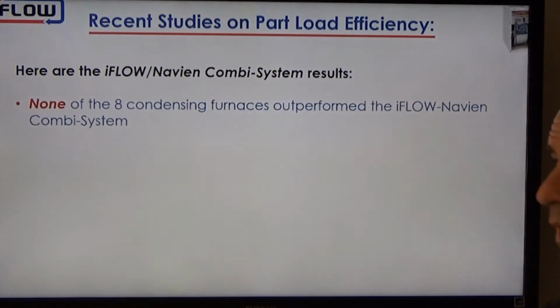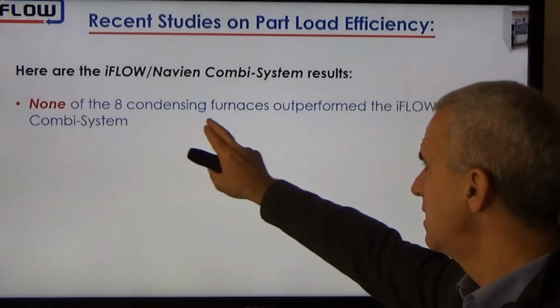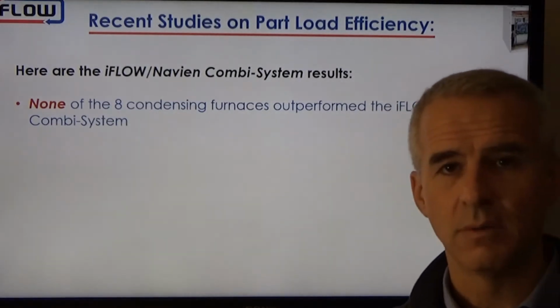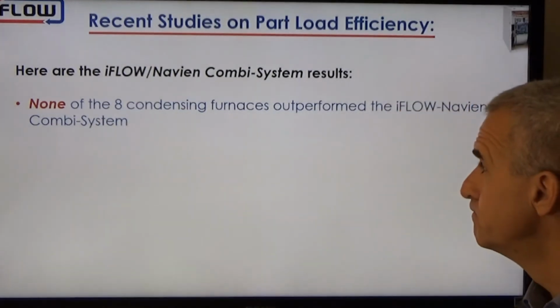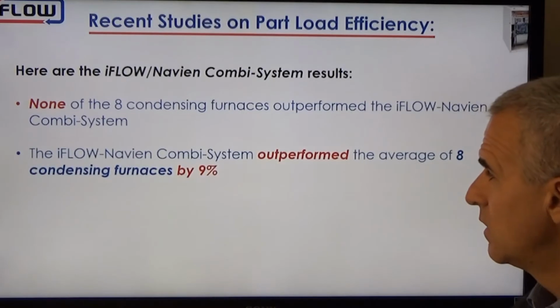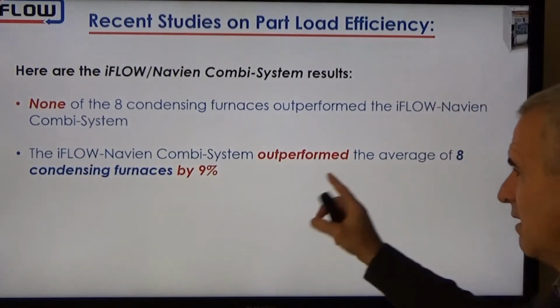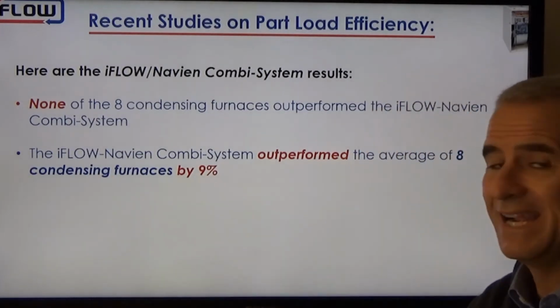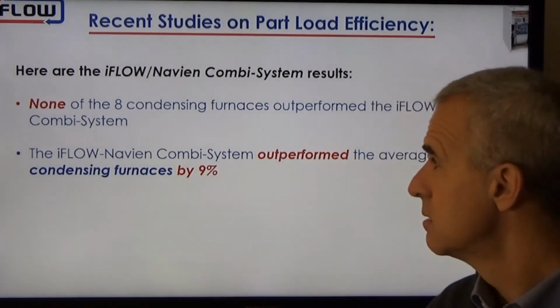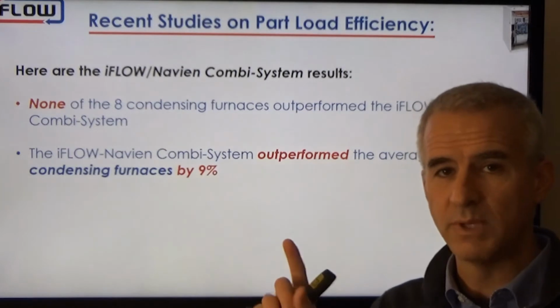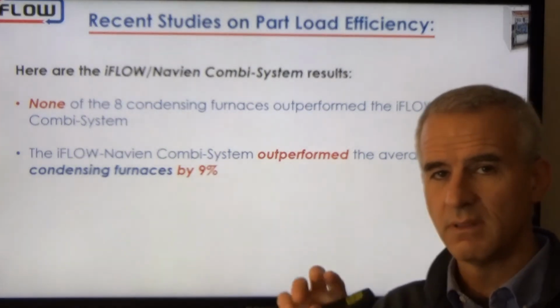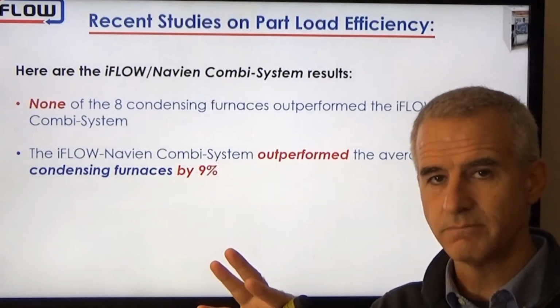So, result number 1. None of the 8 condensing furnaces outperformed the Navian combi system. Right? None of them. The iFLOW combi system outperformed the average of the 8 condensing furnaces by 9%. So again, none of the furnaces outperformed the iFLOW Navian combination system.